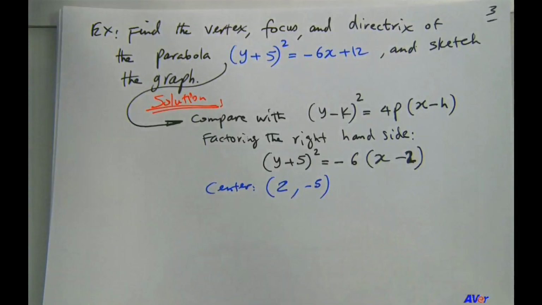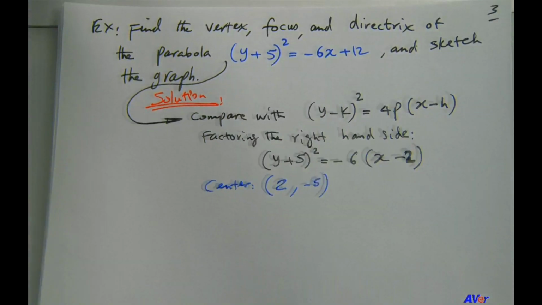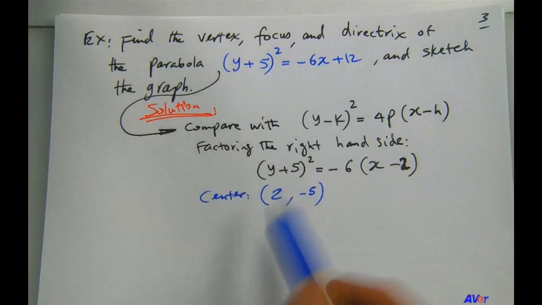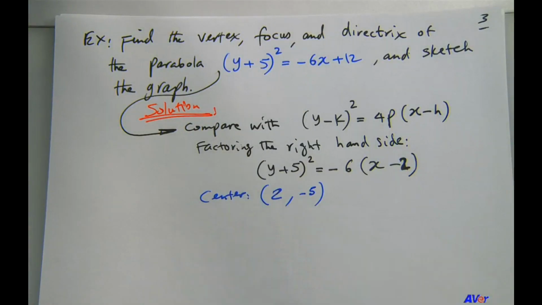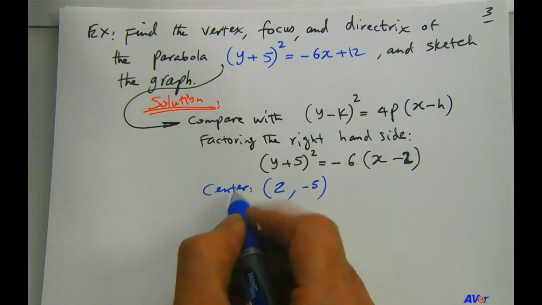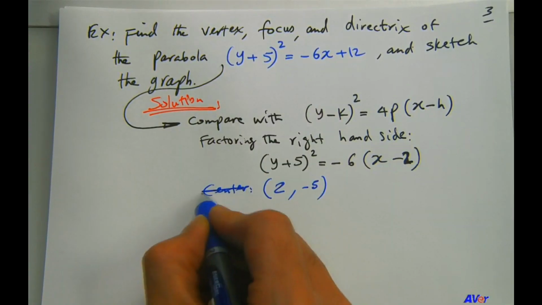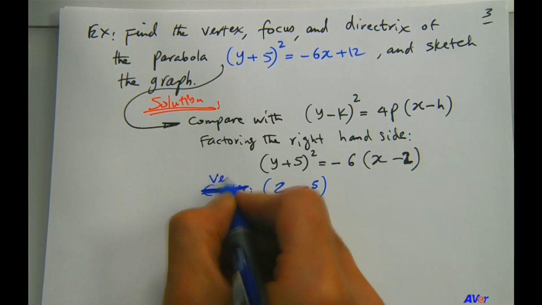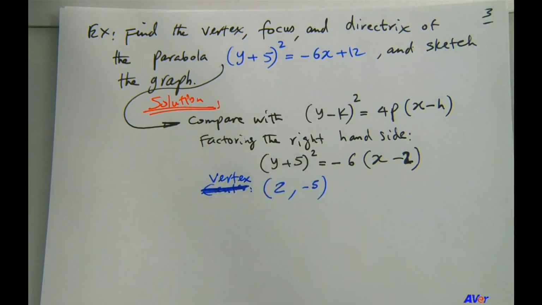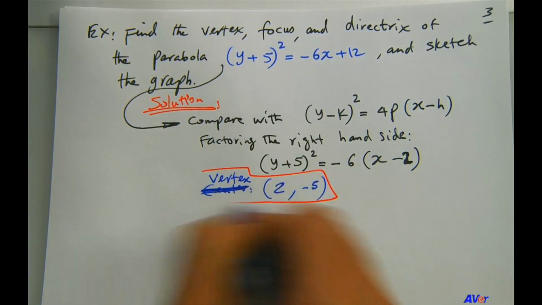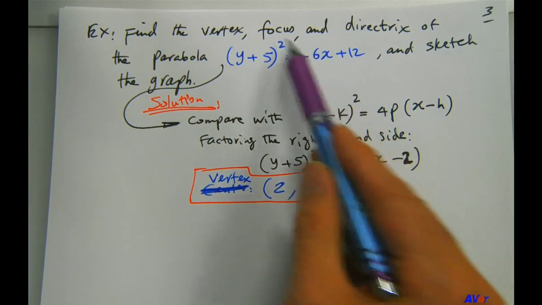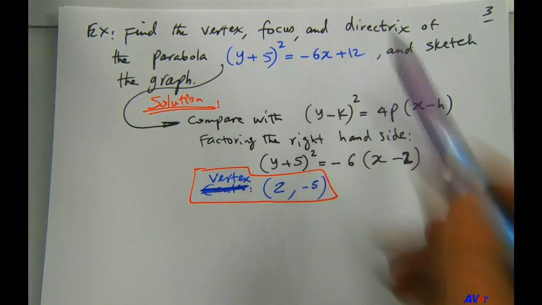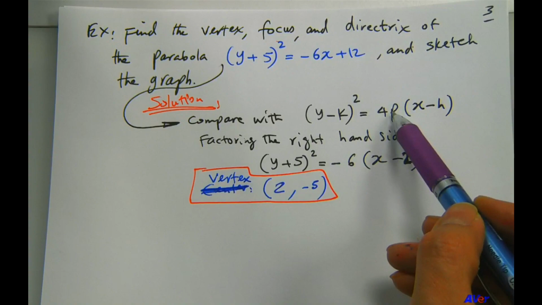So that's the center, or I should say vertex in this case. I was thinking about the ellipse still, sorry about that. So let's call this the vertex. This is what they have asked us. We have that. And the focus and the directrix. The focus and the directrix have to do with the value of p.